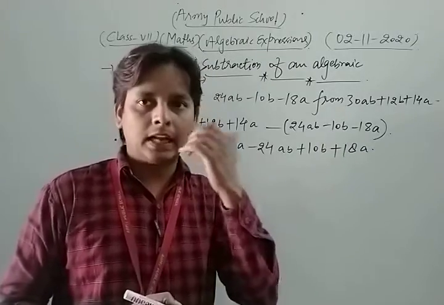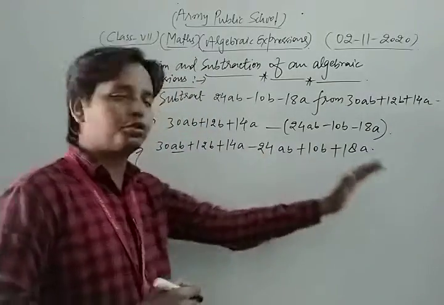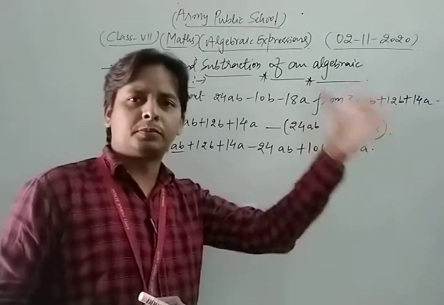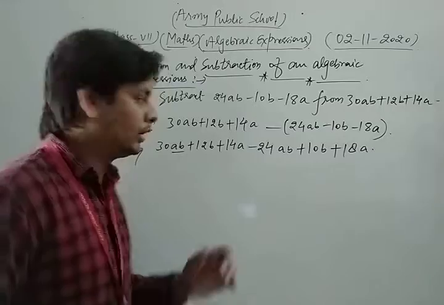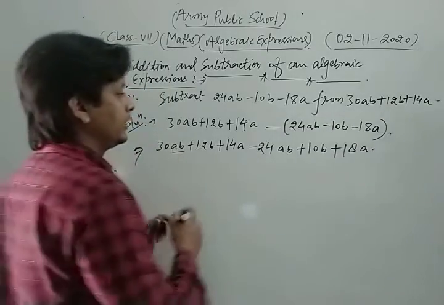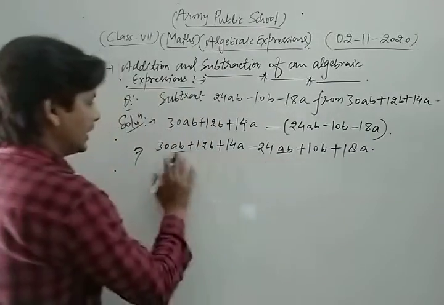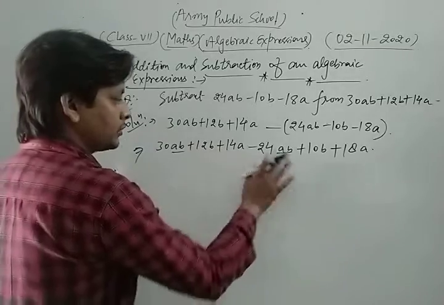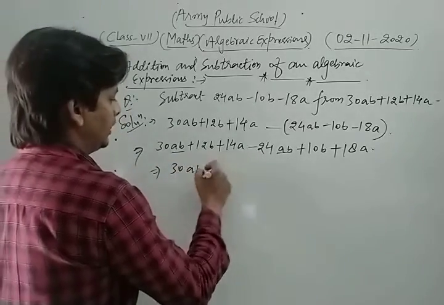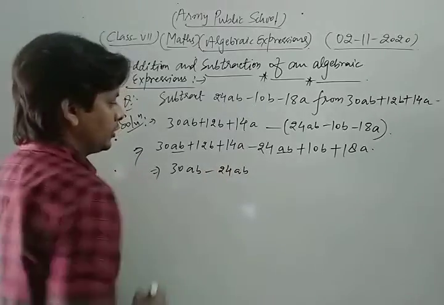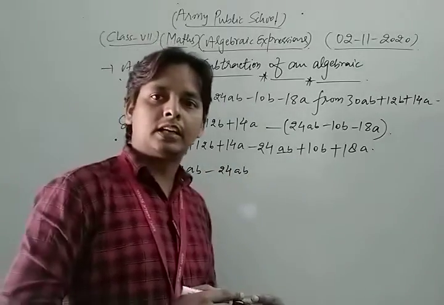So here ab and ab are like terms, so we take together 30ab and minus 24ab.